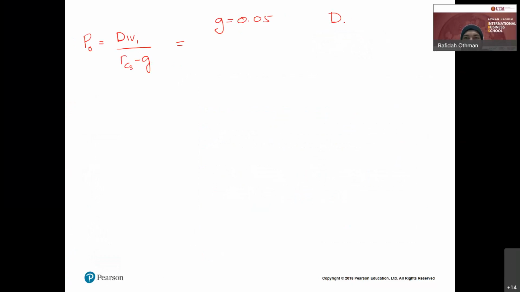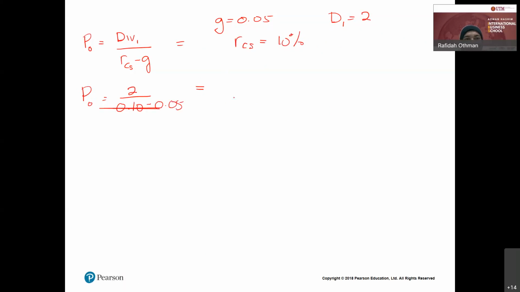D1 is 2. And then we put RCS is 10%. So what will be our P0? 0.10 minus 0.05. So what is the price here? 40.